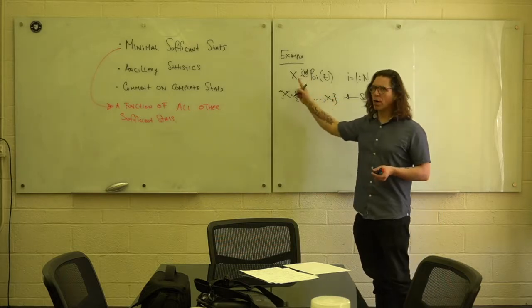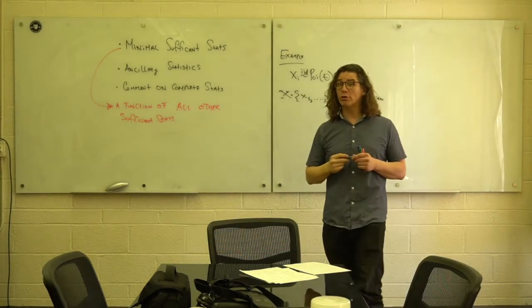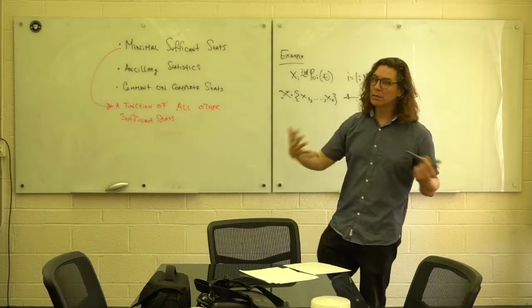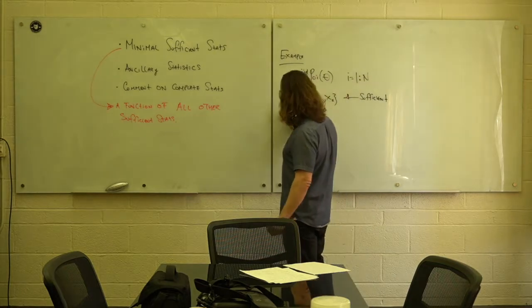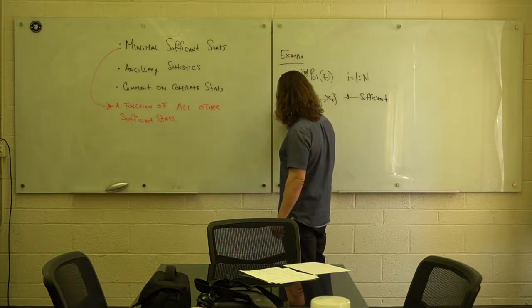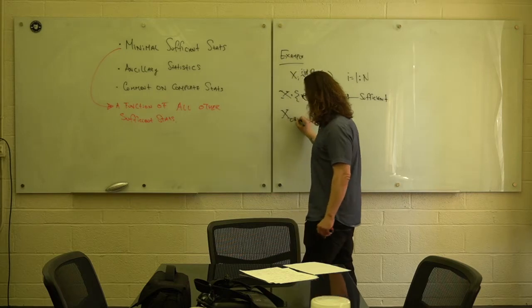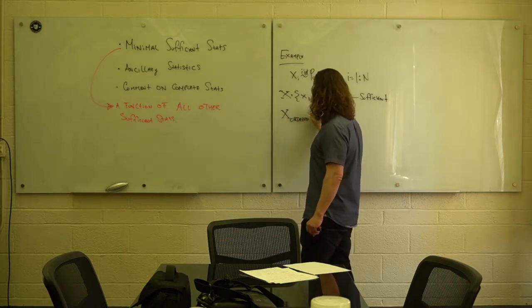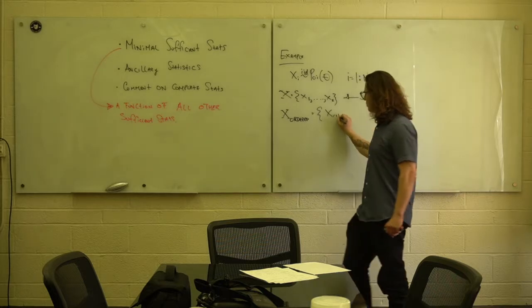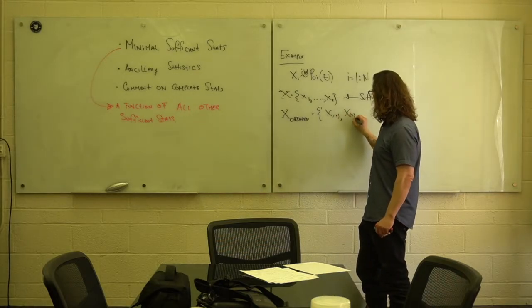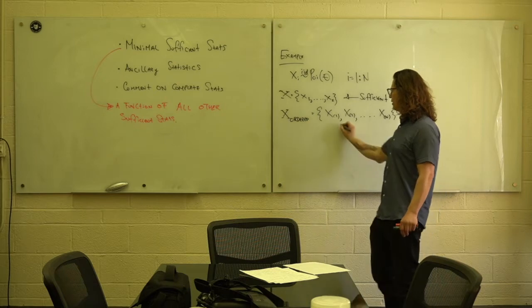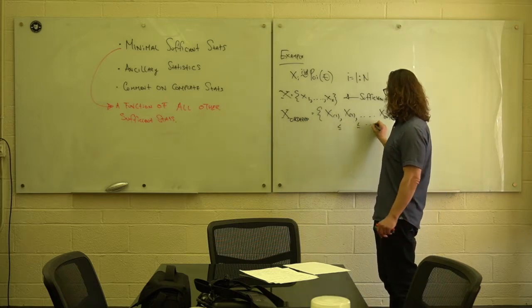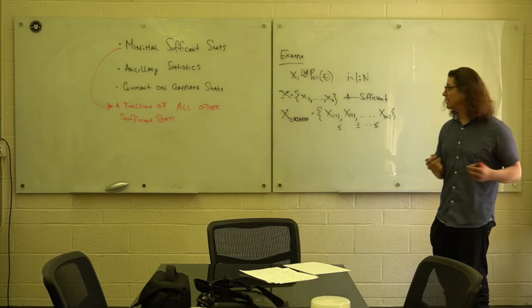In IID problems, we've already learned that IID problems are exchangeable problems, so the order doesn't matter. So this is also sufficient. So I'll say X ordered, the order statistics, are also sufficient, where these things are all less than or equal to each other by the definition of what an order statistic is.